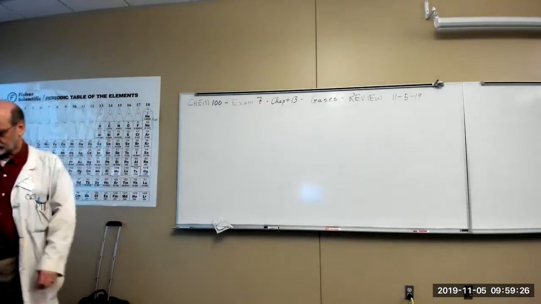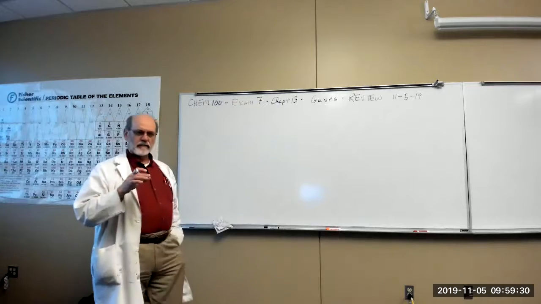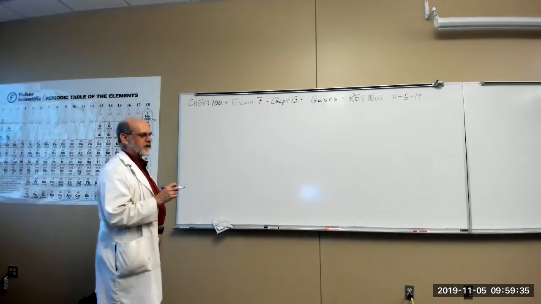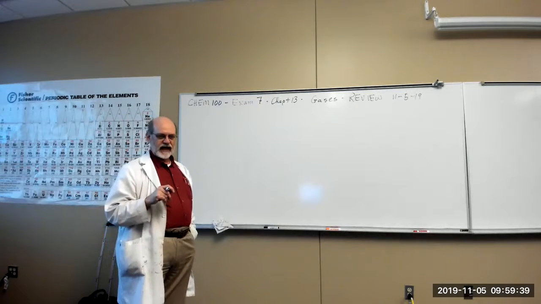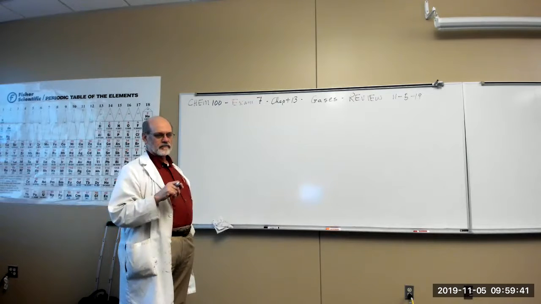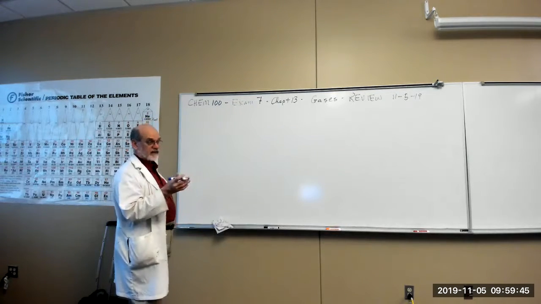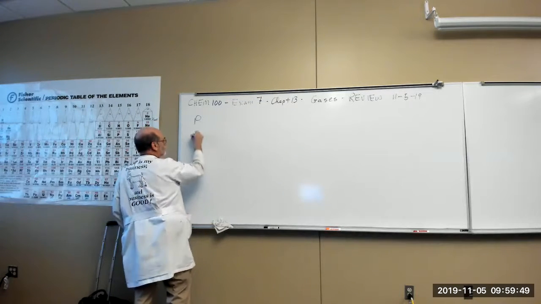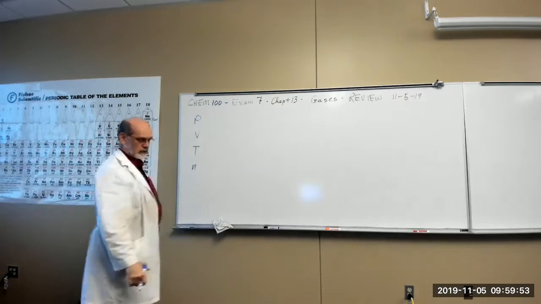All right. So as I recall, I started out with describing a gas. How do we describe a gas? What are the 4 parameters that will completely describe a gas and from which we can derive some of the gas laws? Those 4 are pressure, volume, temperature, and moles.